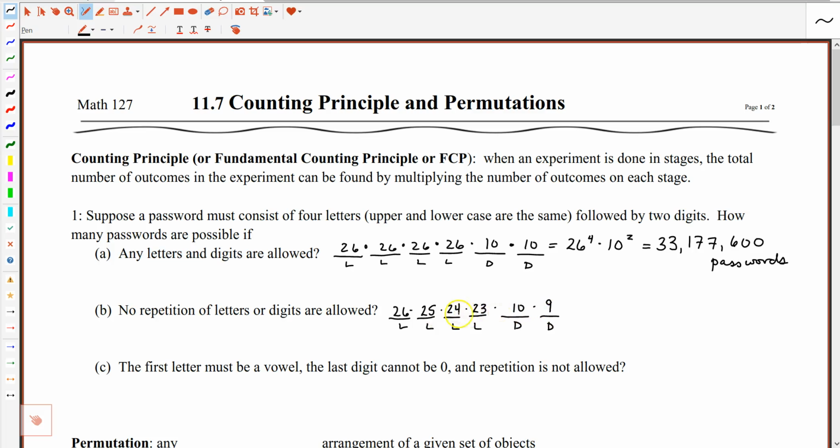So this one, multiplying through, there's not really a shorthand. Well, we're going to learn one in a moment, but for right now we can't use exponents for this. You plop all that in your calculator, you're going to get that there are 32,292,000 possible passwords. So still quite a few.